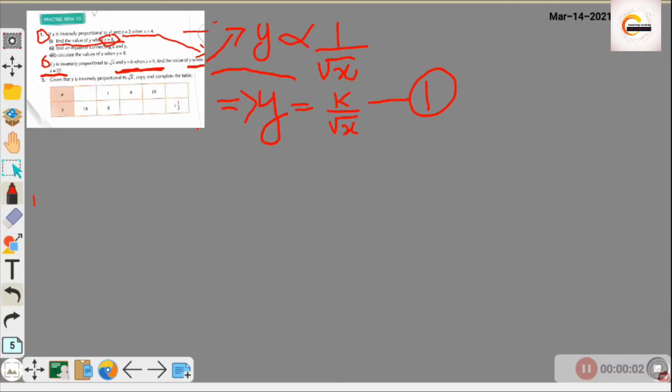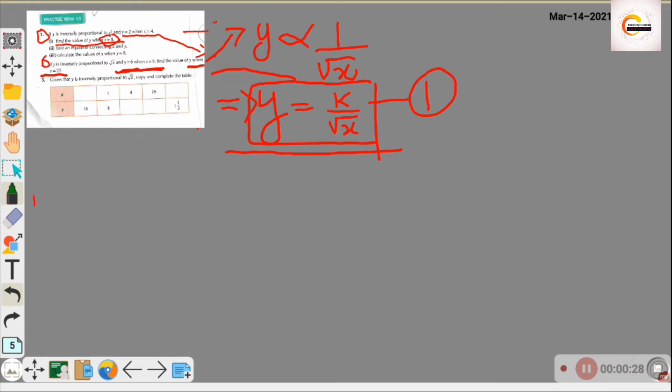Now let's move to the third part of the question. Given that y is inversely proportional to under root x, I have already established it in the previous question, so I'm not going to repeat this step again now. Okay, now we have to complete this table. So how can we complete this table if we don't know the value of k in our formula?